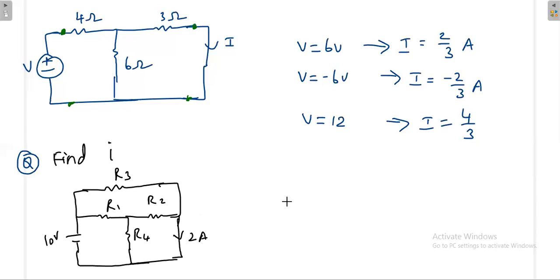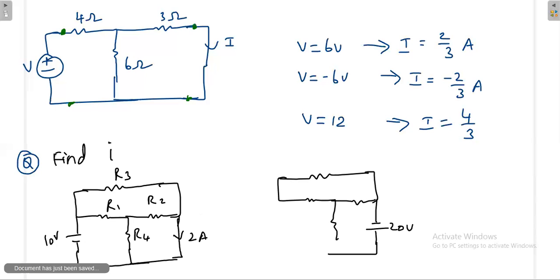Then what is the question? The diagram and the network are the same, but instead of applying 10 volt here, they are applying minus 20 volt. This is short, and the rest of the things remain the same, R1, R2, R3, R4. One thing we know: if I interchange and bring this 10 volt here, it would have been 2 ampere.